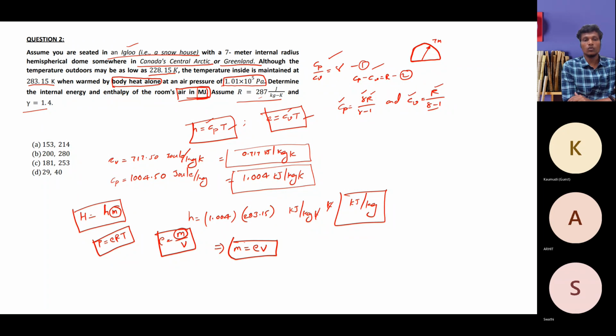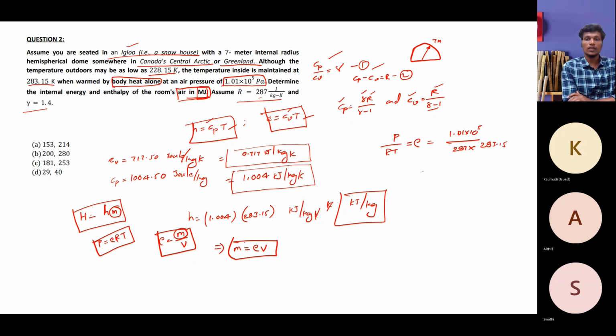This V represents the volume. If you have the volume, you can multiply with the density to get the total mass. But how to get the density? If you simplify P is equal to rho RT, you will get density equals P by RT. So the density is the pressure 1.01 times 10 to the power 5 pascals by R, 287, times the temperature, 283 kelvins.